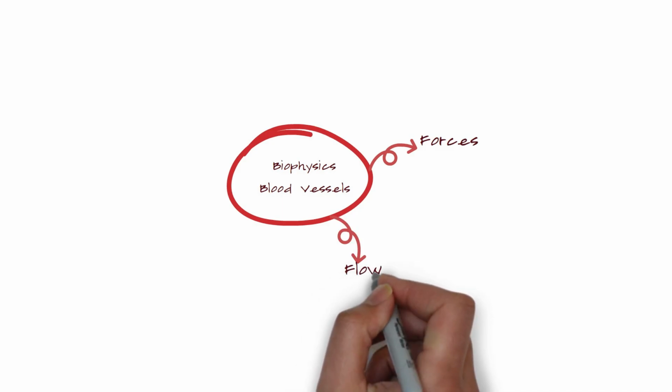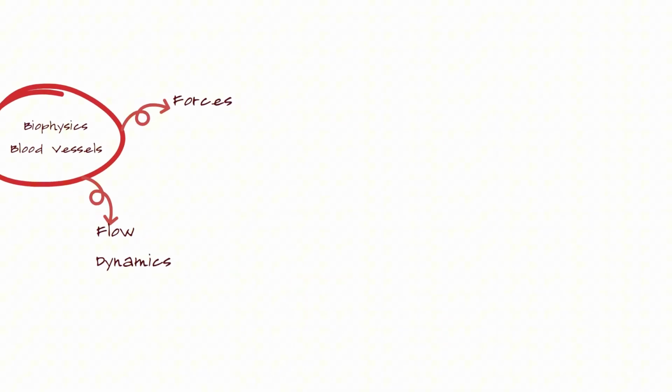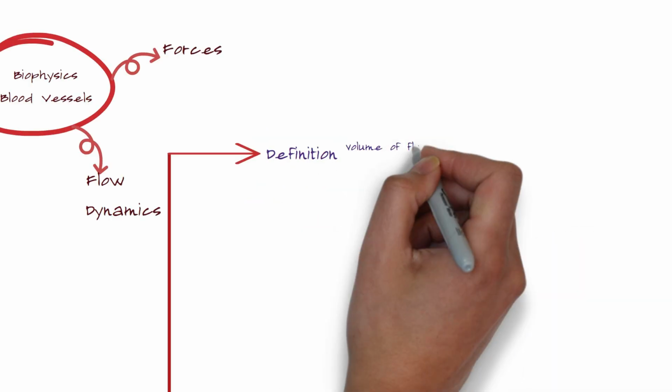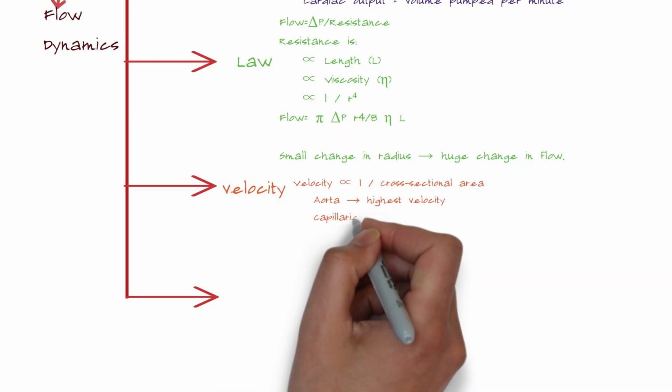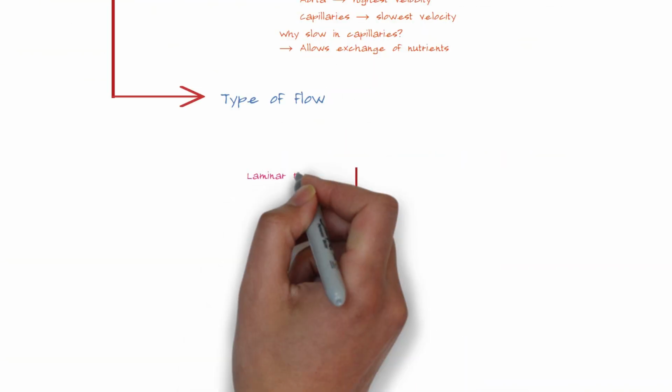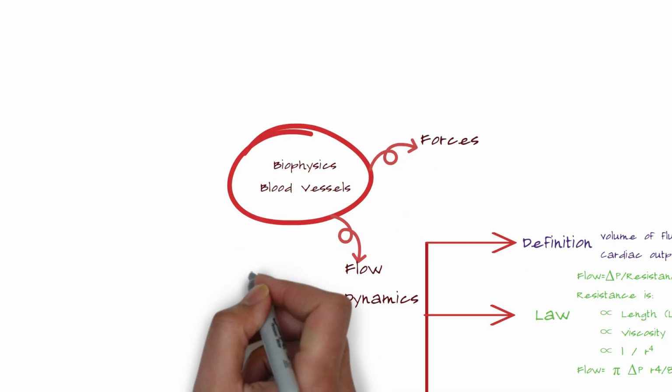And then we talked about flow dynamics. We discussed the definition, the law, the role of the radius, which is important for the regulation of flow, and then the difference between laminar and turbulent flow.